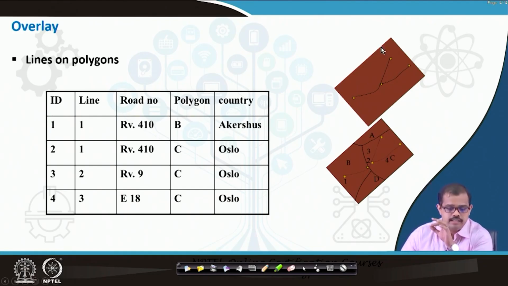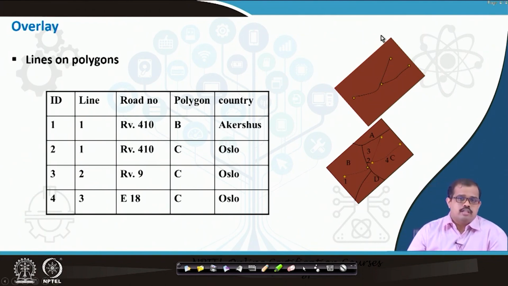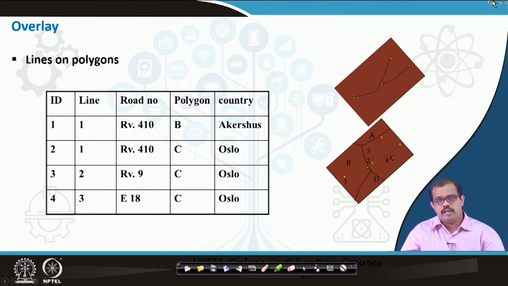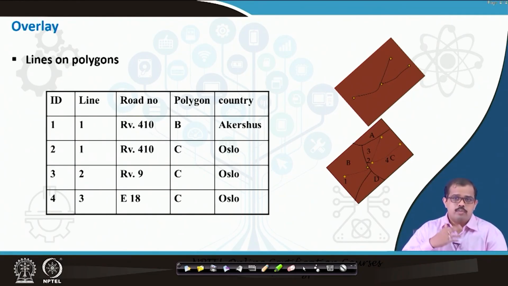That area may be a protected forest, or a protected area, or a commercial area, or any of the houses, etc. To find out, I will just overlay these lines on those polygons. Once you have put these lines on those polygons, I can find out where this is going, what effect it may have once the road is built, what the size of the road is, and if there is an extension, what may happen in the future.